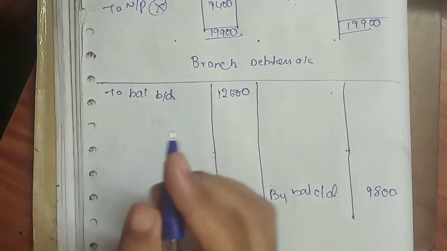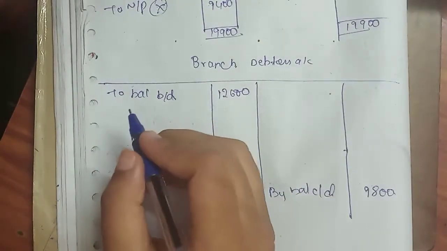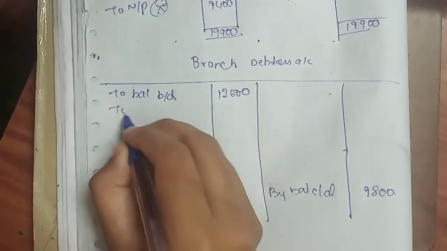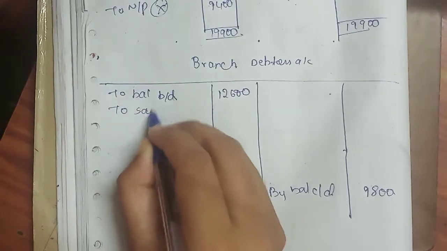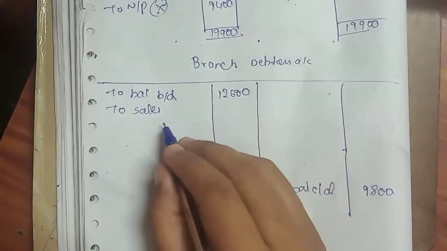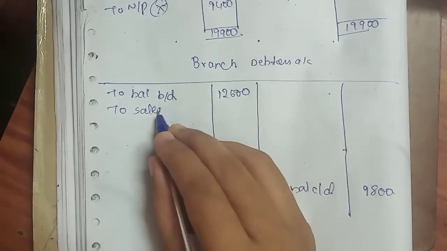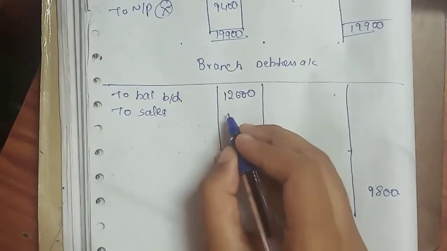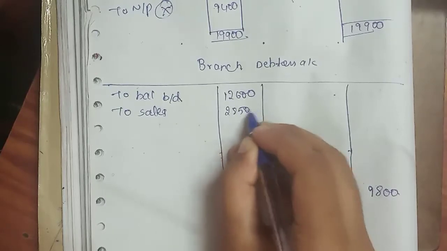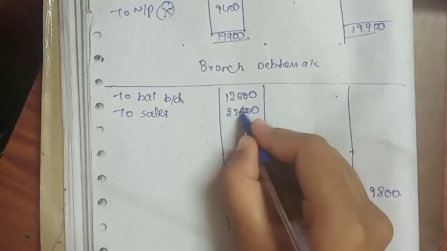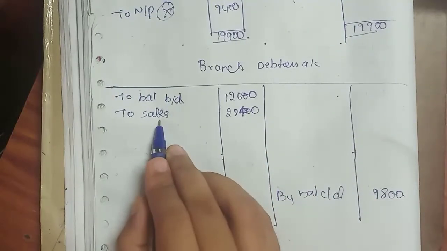Then in the branch stock account you wrote that you received cash from the sundry debtors. So write that to sales. From sales only you got that amount, yes or no? That's why you are writing it as sales, and the amount is 28,400. Whatever sales you have made, you are writing it.